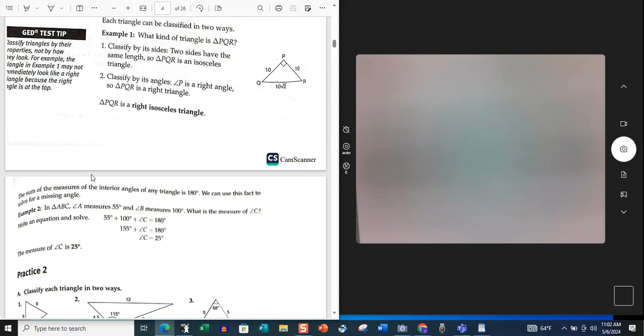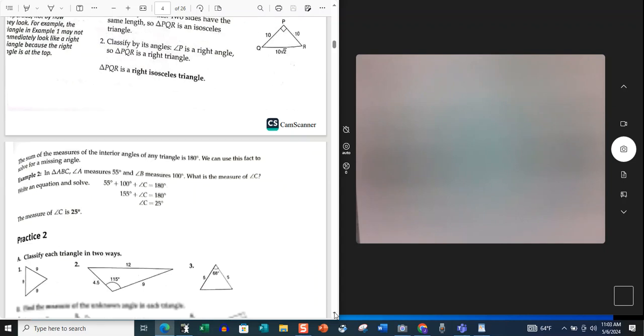What is the measure of angle C? Now remember, these angles have to equal 180. So if the measure of A is 55 and the measure of B is 100, then we're trying to find the measure of angle C. When we add these, this would be 155 plus angle C. You will subtract 155 on both sides, so angle C will have to be 25 degrees.